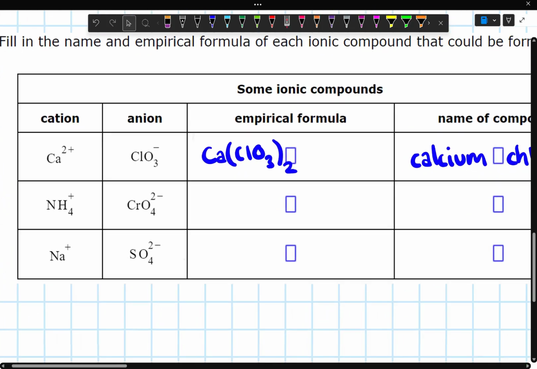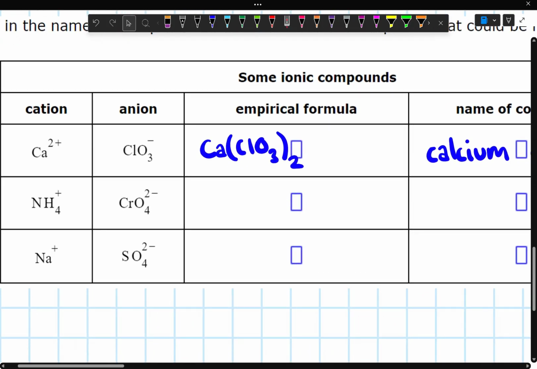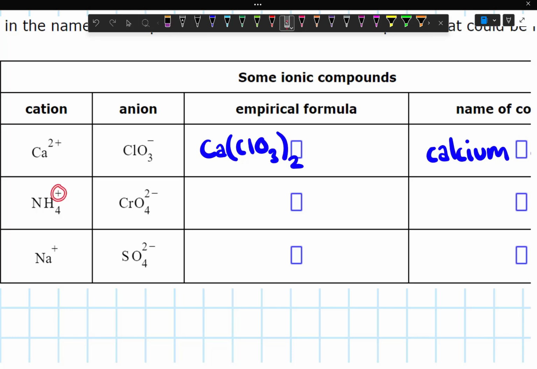Okay. Next, we have our cation is ammonium, and our anion is chromate. So bring the 2 over there, 1 over here. Alright. So that means we're going to have 2 ammonium ions and just 1 chromate ion.